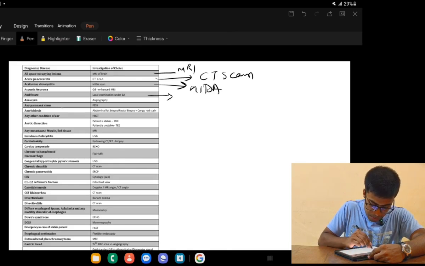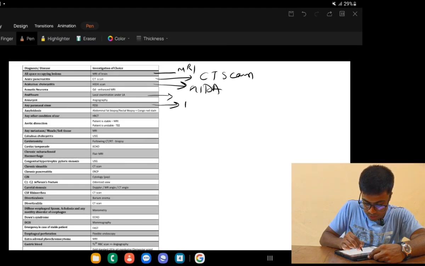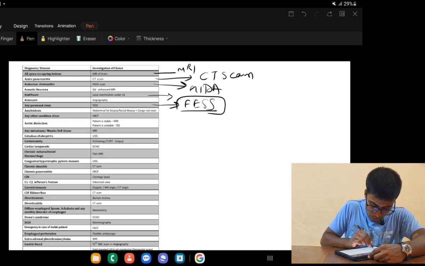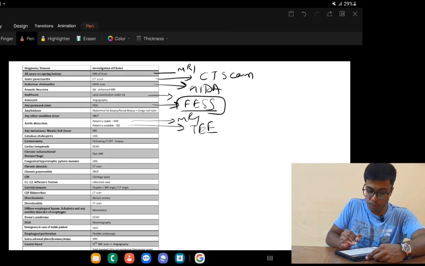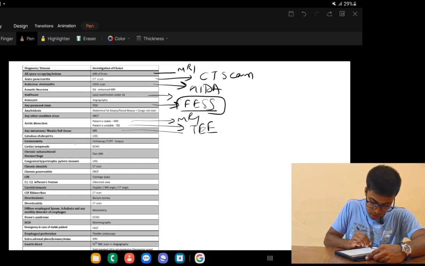Any paranasal sinus, we do FESS. Then amyloidosis. Aortic dissection, if the patient is stable then MRI, if unstable then transesophageal echo. Any metastasis or muscle soft tissue, MRI. Calculous cholecystitis, ultrasound. Cardiotoxicity, you should learn this.